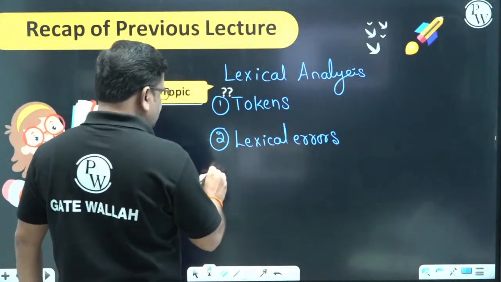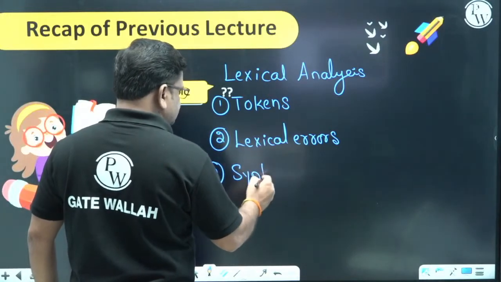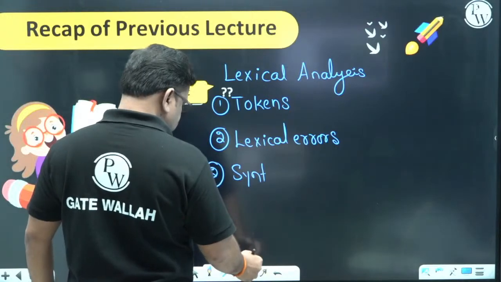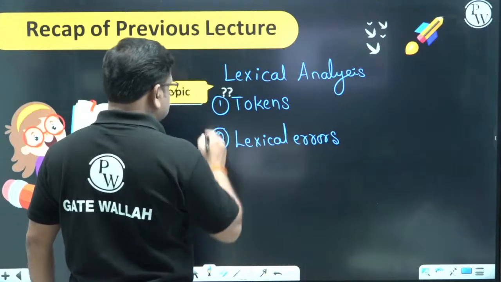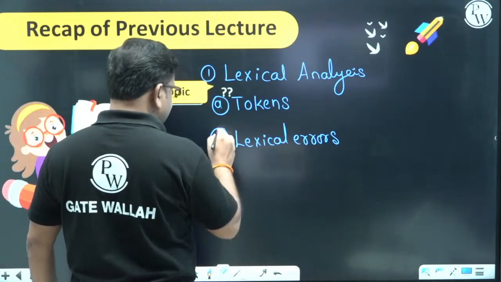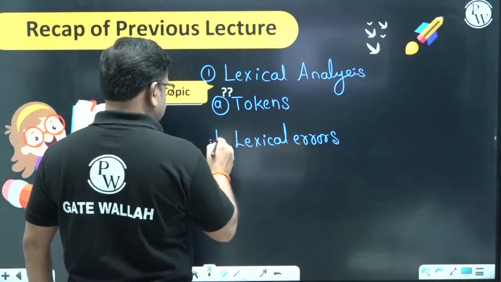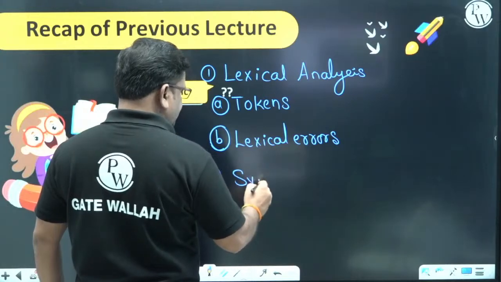Then in the next class we started syntax analysis. You can say A and B are the topics of the first lecture. In our second lecture, we discussed syntax analysis.